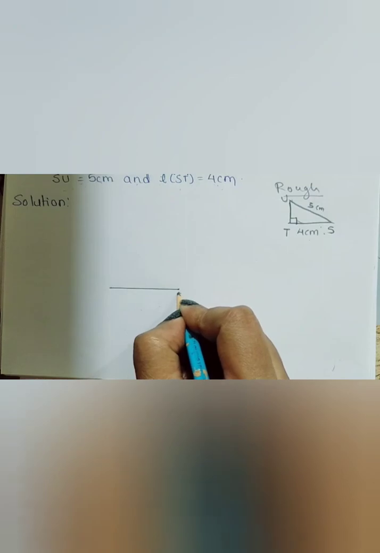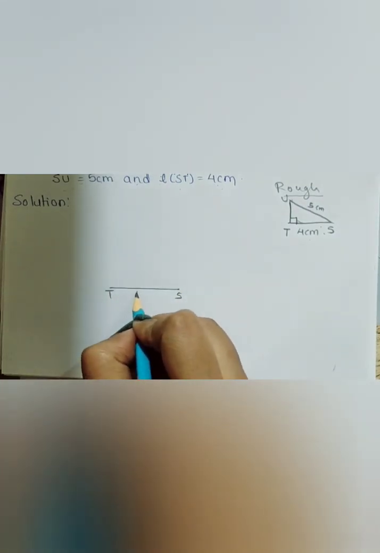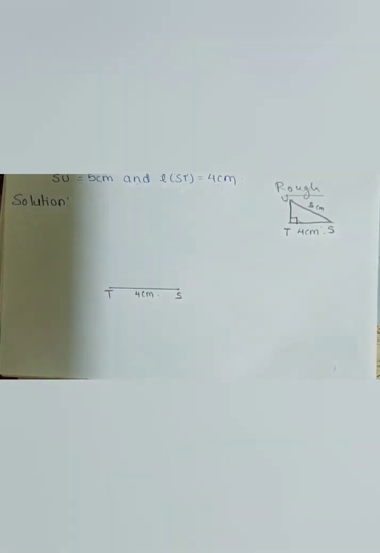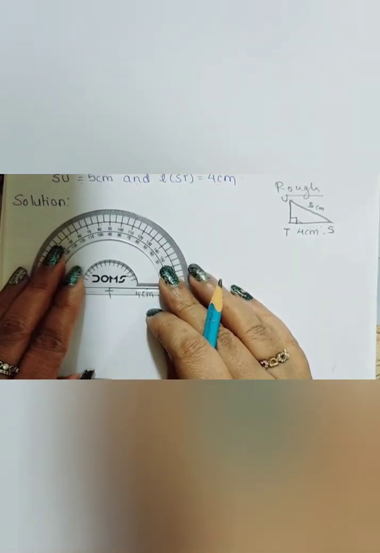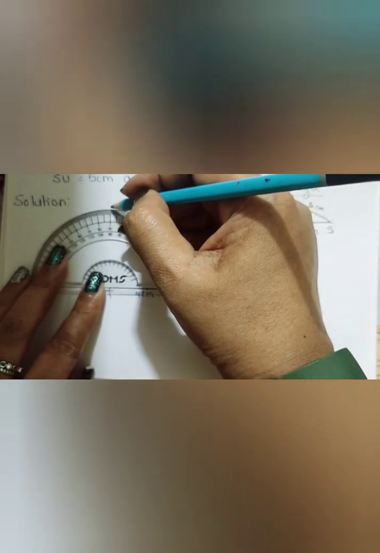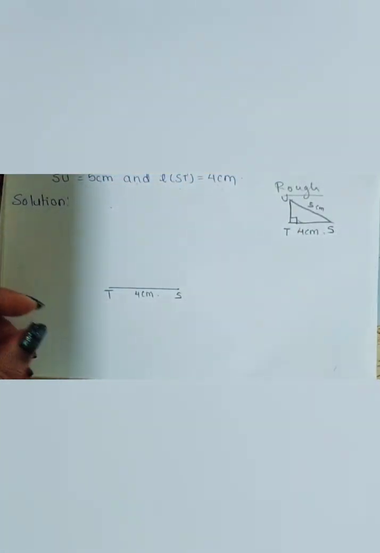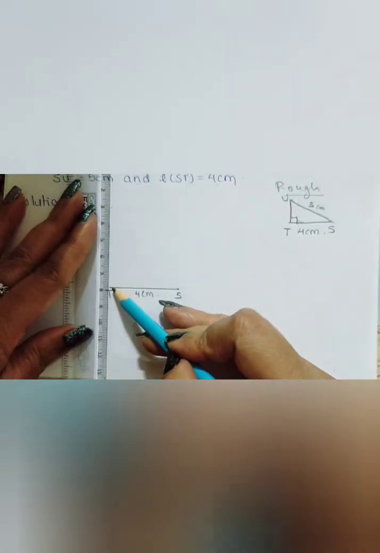This is S. This is T. 4 centimeter. Now we are going to keep this protector on point T to make 90-degree angle.